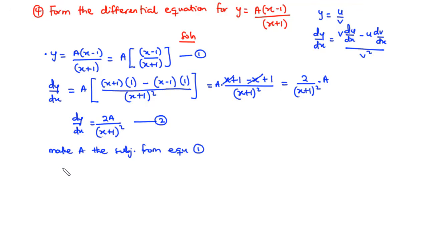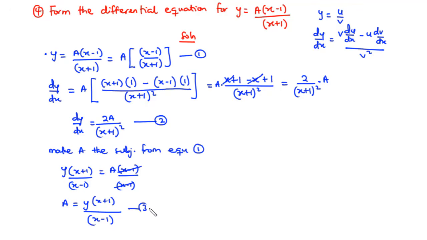So you have y times (x plus 1) equals a into bracket (x minus 1). You divide through by x minus 1, and then you have a to be equal to y times (x plus 1) over (x minus 1). Now let's call this equation 3.